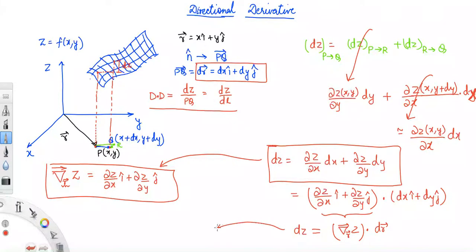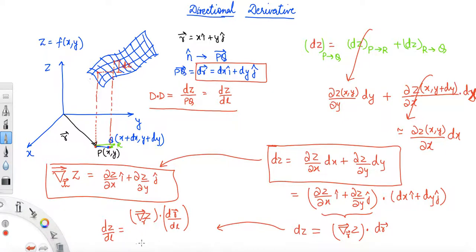And so if we divide dr vector by its magnitude, that is dl, then we will be getting dz over dl is equal to, I'm writing here, del z dot dr over dl. And by the way, what is this dr vector upon dl? This will be a unit vector, a vector divided by its magnitude.